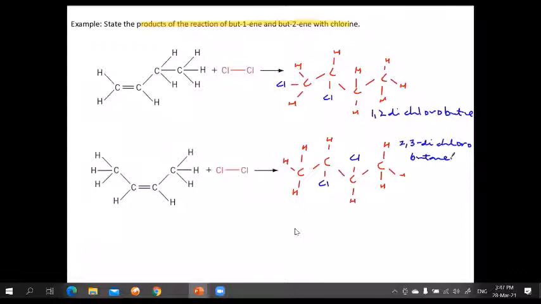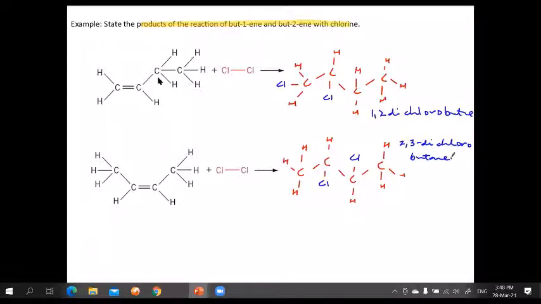All right, so here is a similar thing, but here we're doing it with chlorine instead of bromine. Your prompt says, state the products of the reaction of but-1-ene and but-2-ene with chlorine.